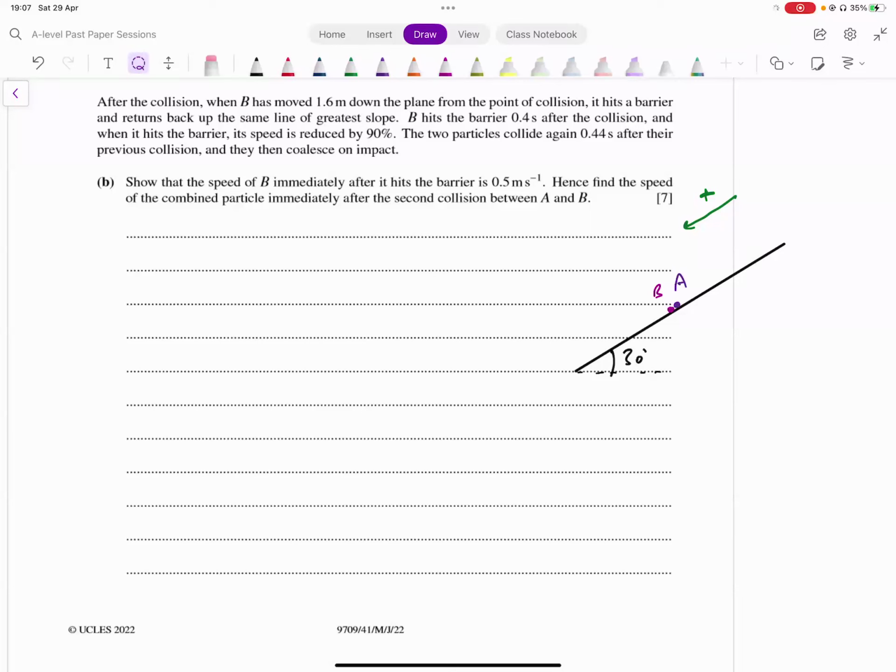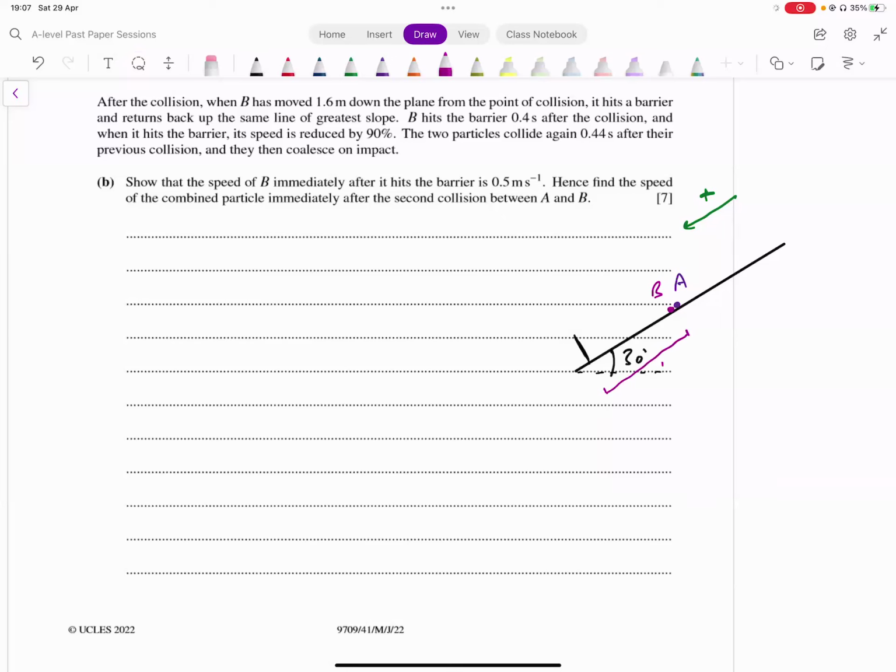ठीक है, अब collision के बाद दोनों move तो नीचे की तरफ ही कर रहे हैं, right? दोनों नीचे की तरफ ही move कर रहे हैं. उसने क्या कहा है? When B moves 1.6 meters down the plane, it hits a barrier. तो यहाँ पे नीचे कहीं पे barrier है. So let's say barrier is somewhere here. ये barrier को आके hit करता है. Barrier तक distance कितना है?